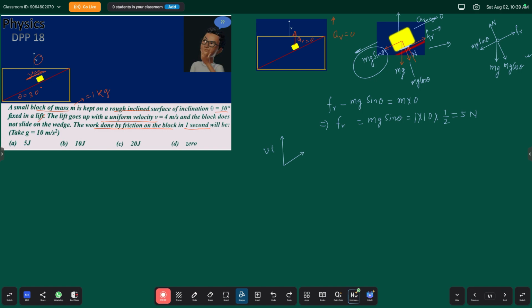From geometry, this angle will be 60 degrees, because theta was 30 degrees, so this is pi by 2 minus theta, or 90 degrees minus 30, which is 60 degrees. So the component of Vt along this will be Vt cos 60 degrees.